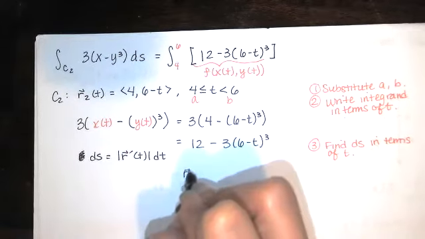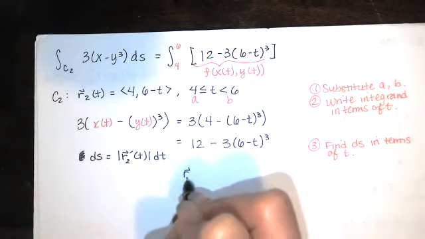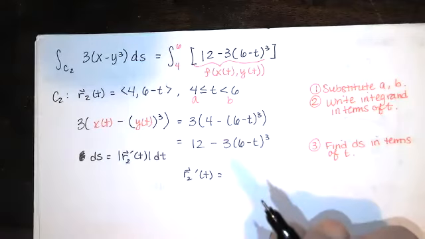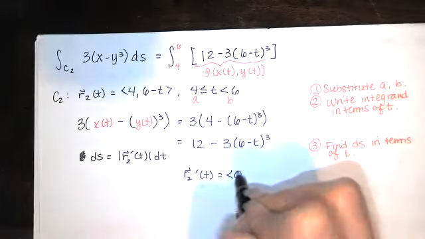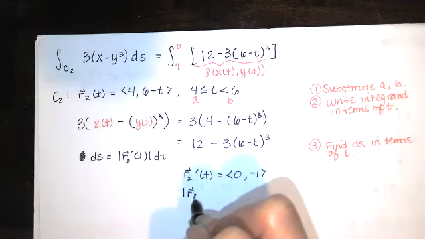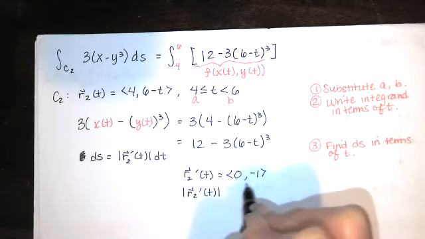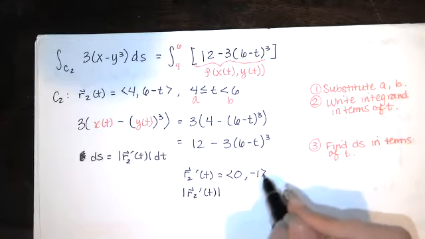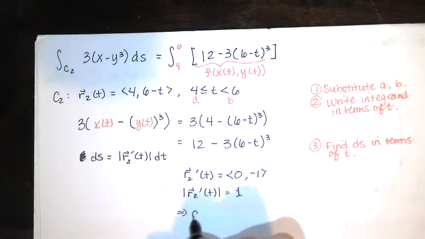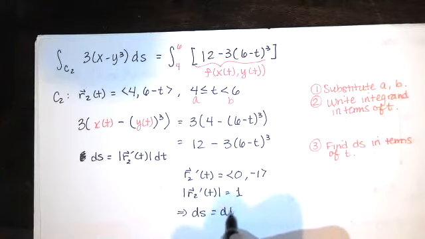And r prime, we use r sub 2 prime, just the derivative of that. Derivative of 4 is 0, derivative of that is -1. So obviously the length of that vector that points 1 unit down in the y direction is 1. So ds happens to be dt in this case.